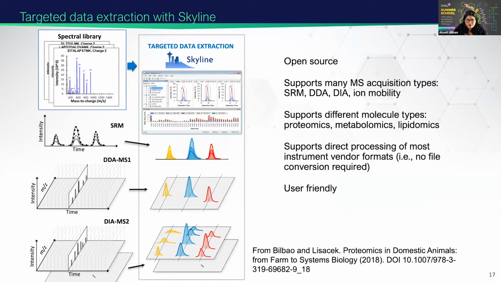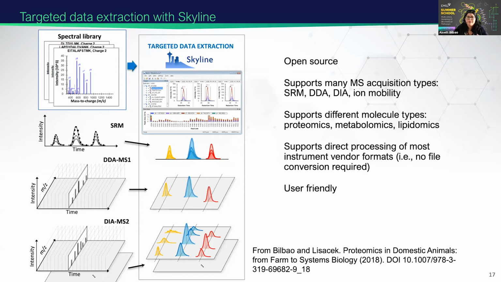We have been mentioning Skyline here, because it's a very important tool for proteomics and mass spectrometry. And there are several reasons for that. The main one is that it's open source, it's free, and it supports many acquisition types. It supports SRM, DDA, DIA, ion mobility.